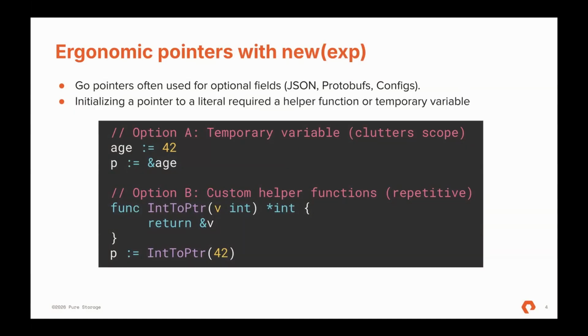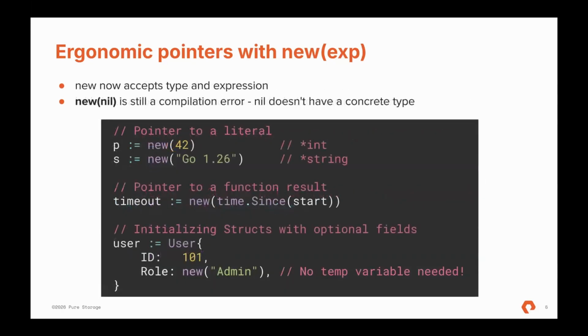Or I think a lot of code bases are full of helper functions, either for a specific type or maybe with generics, that convert the value to a pointer. But now with Go 1.26, the new function was improved and it can actually accept values or expressions.